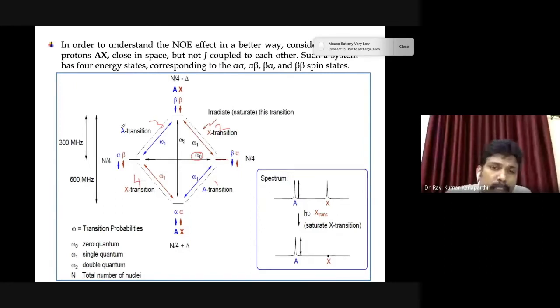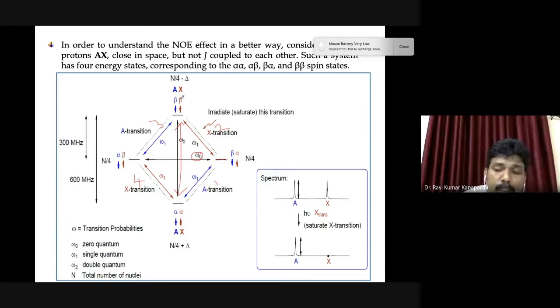What about this one? Look here, either from alpha alpha to beta beta, or beta beta to alpha alpha, either from the ground state to the excited state or excited to the ground state. In both cases, both the spins are getting changed, right? In this transition, the A spin state is changing from alpha to beta, and the X spin state is also going from alpha to beta.